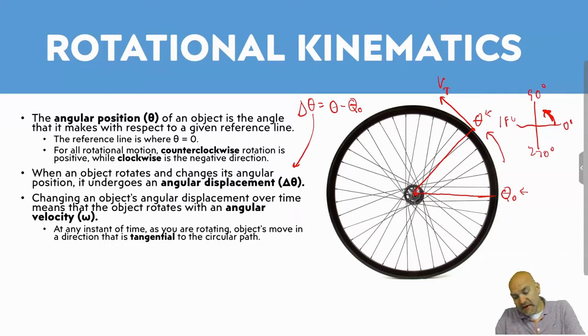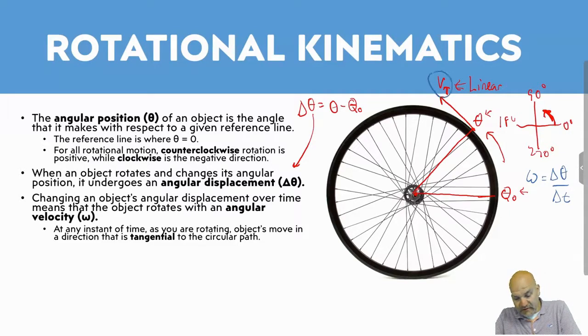This would be our linear speed, so how fast it's moving linearly, as well as how fast it's rotating. Just like with Unit 1, omega, which is our symbol for angular velocity, would be delta theta over delta t.